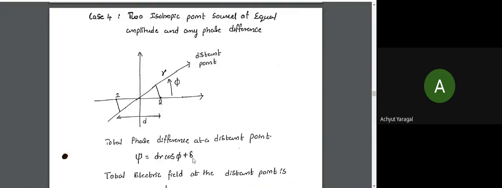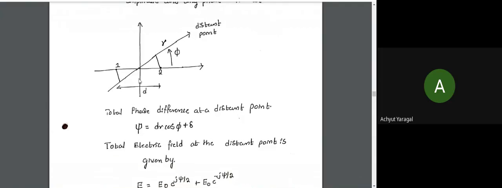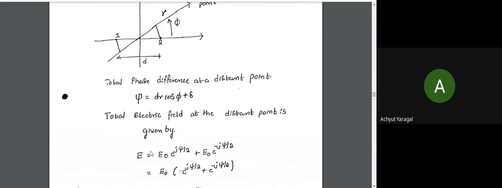The total electric field at a distant point is again the same: one point source generates certain radiation or electric field, and point source 2 also generates certain radiation. We calculate the electric field at a far distance r, considering the angle counterclockwise.